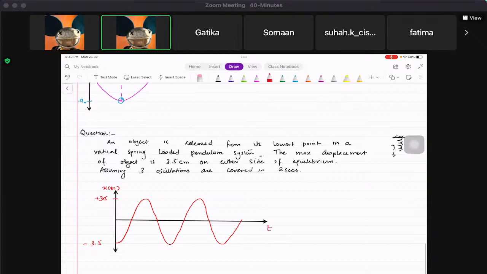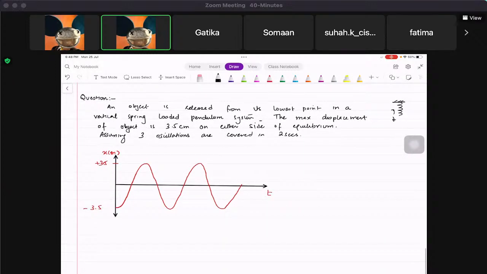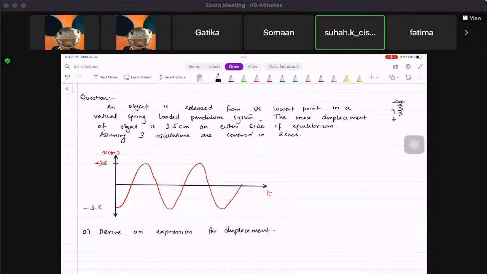Now they say derive an expression for displacement. By just looking at the graph, who can tell me which kind of graph this is? Is it a sine graph, a cos graph, a negative sine or a negative cos?